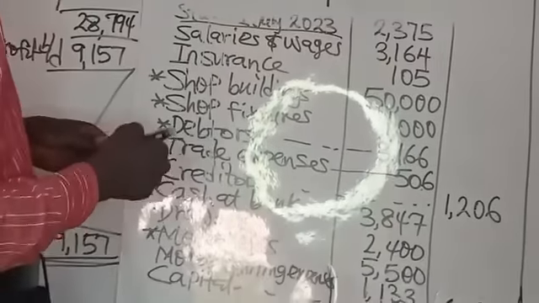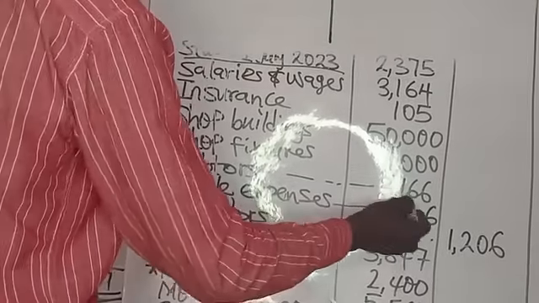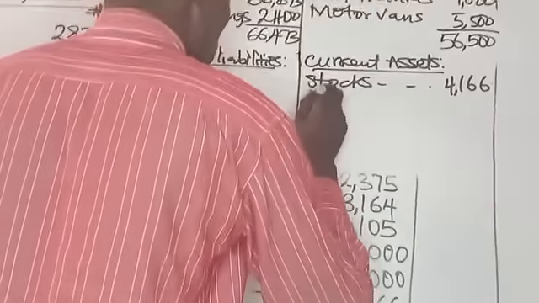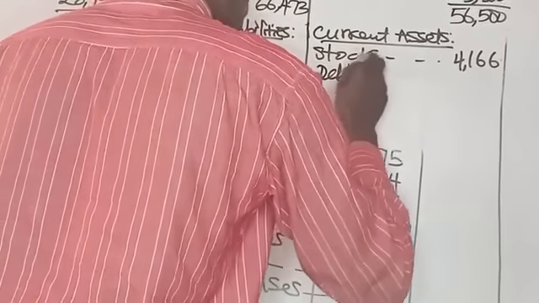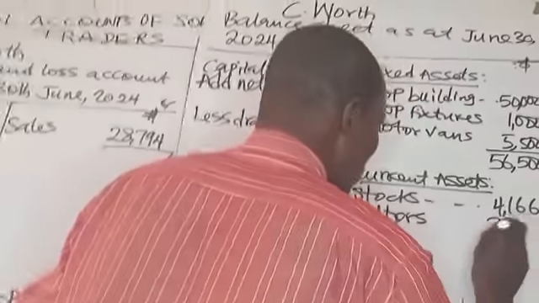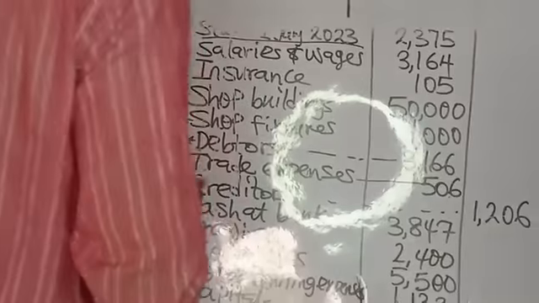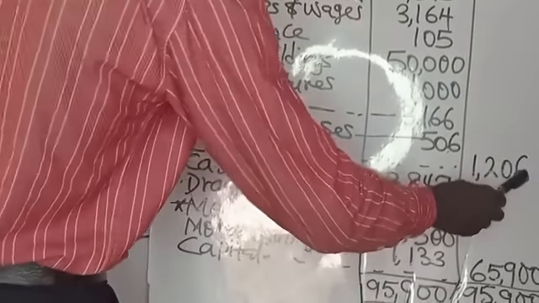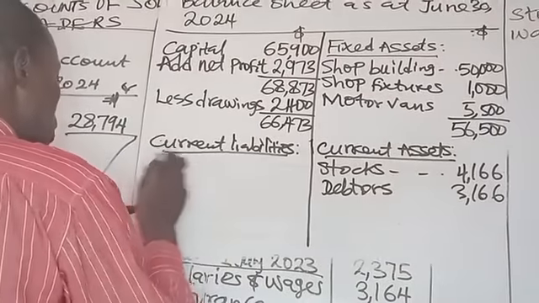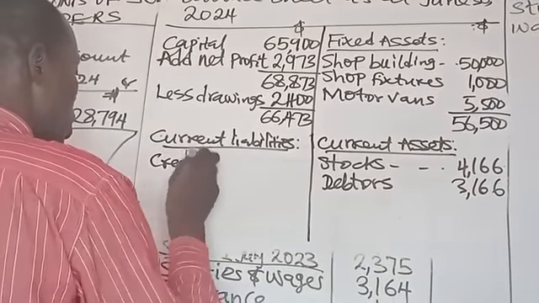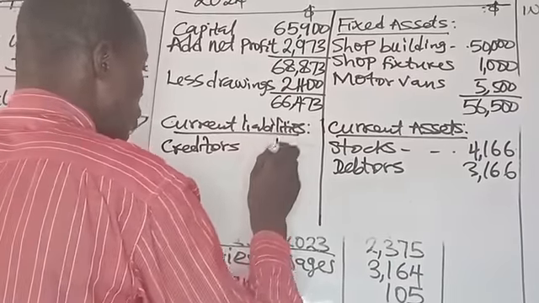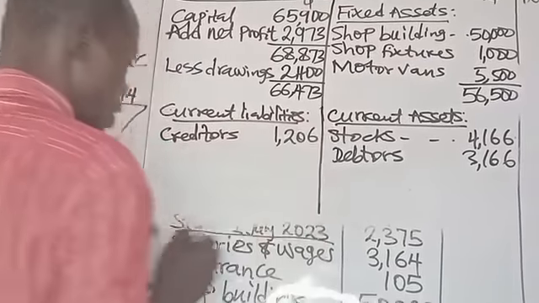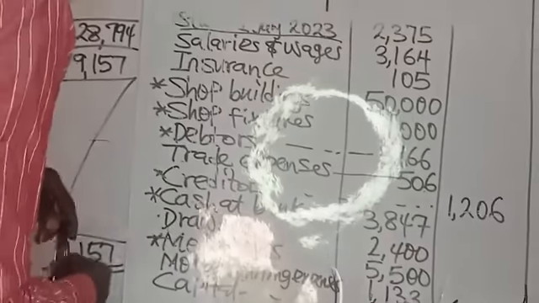Debtors is a current asset. We have 3,166. Then trade expense have been used. Creditors is a liability, 1,206. That is a current liability.